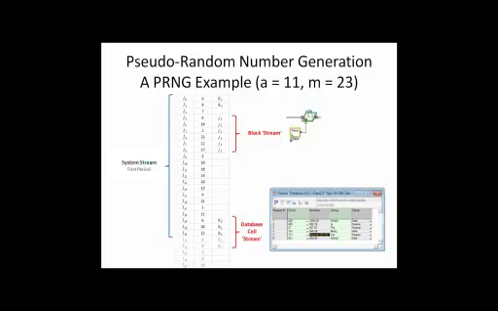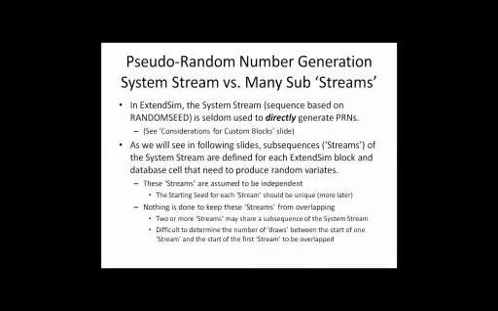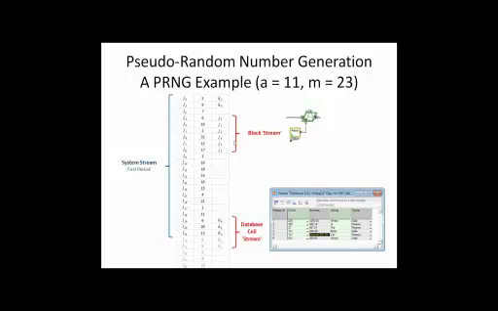Now, you can kind of see in this area here the problem we were referring to on the previous slide. Let me go back to that one. We said that nothing is done to keep these streams from overlapping. And essentially, that's what we're going to be seeing in this particular case. If instead of just requiring 4 draws, we read this cell 6 or more times, it's going to end up needing 6 or more numbers from our stream.